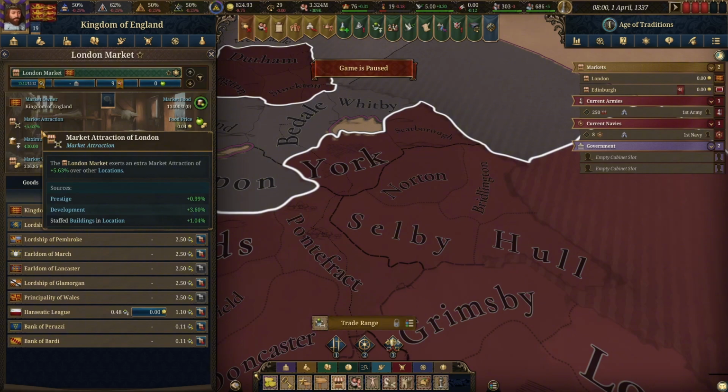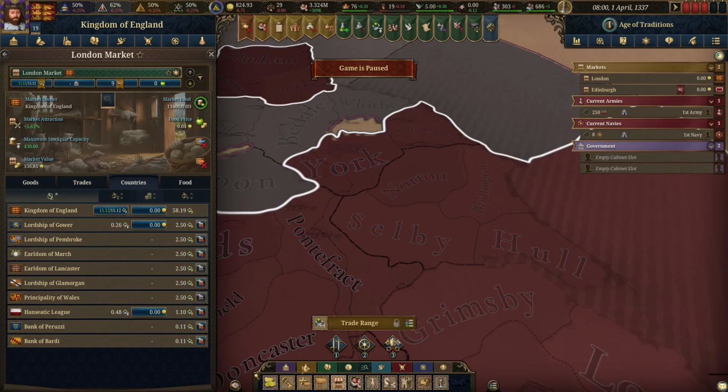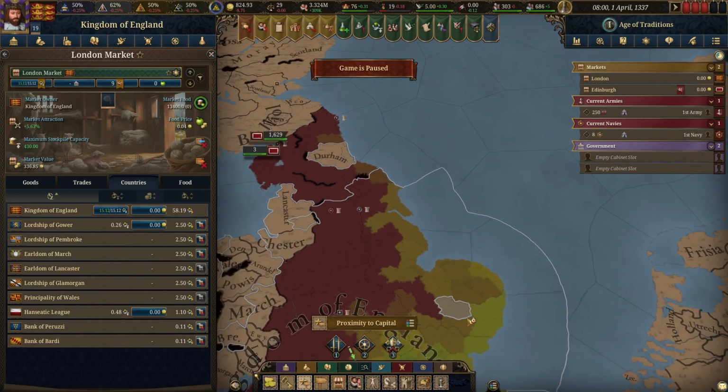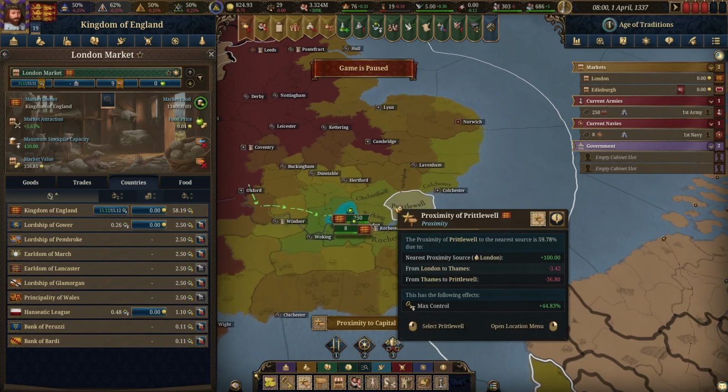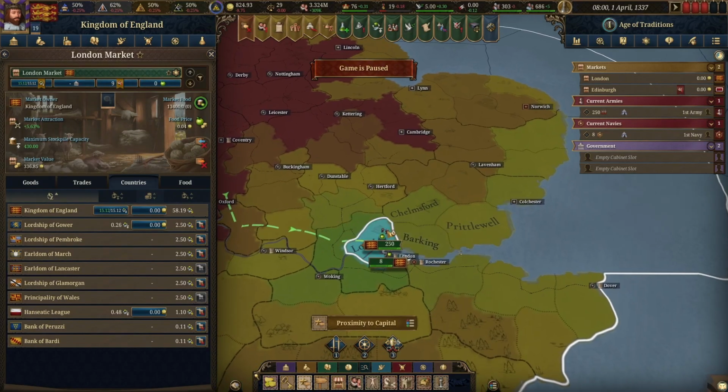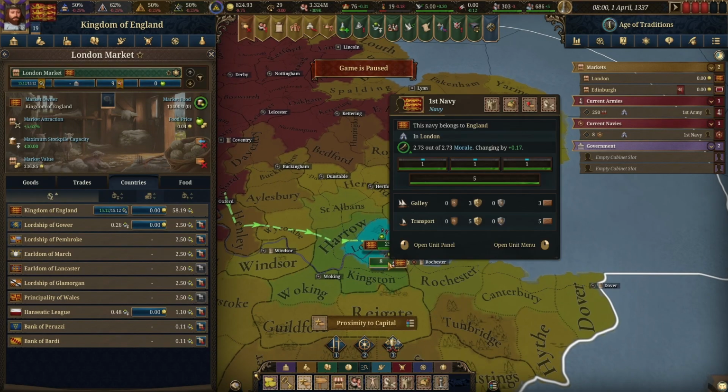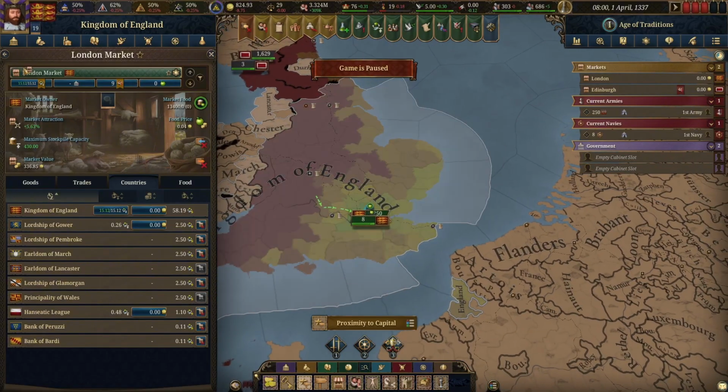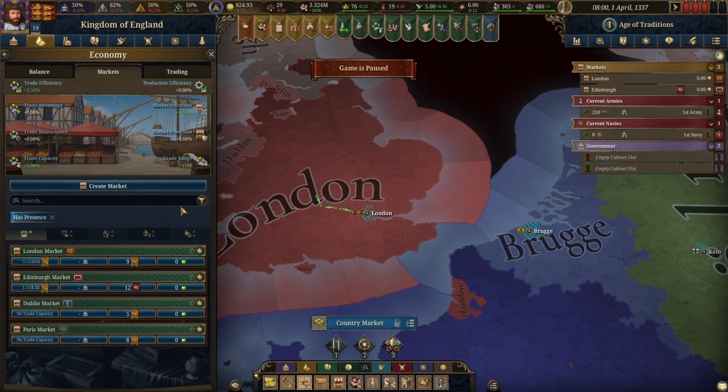All that being said, remember that proximity and access become harder the further away a location is from your market center, and for us it's London. So it's not the absolute end of the world if your market doesn't increase in size and you end up controlling, or being a partial controller of, multiple markets.